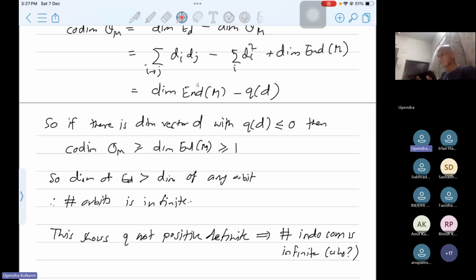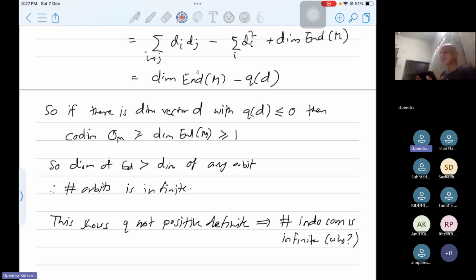Why? Well, let's suppose that there were only finitely many indecomposables, let us say of dimension 1, dimension 2, dimension 3, and so on. But I have to stop at some place. So if these were all the indecomposables, then every finite dimensional representation has its dimension obtained by adding these numbers in some way.